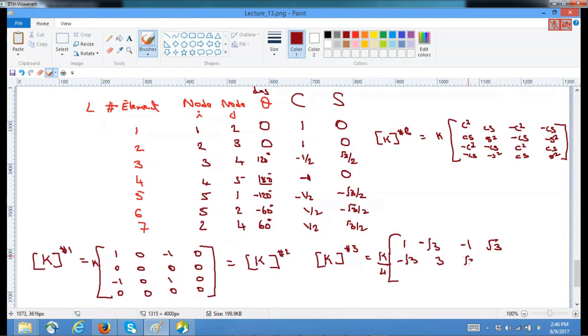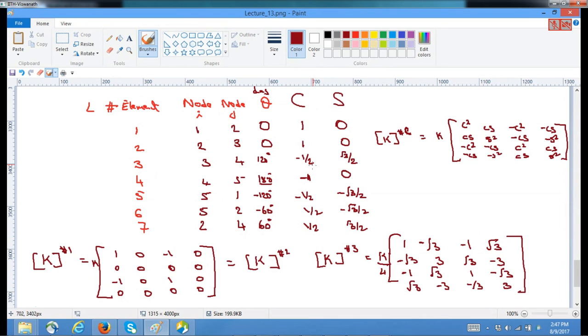Similarly, this is minus 1, in CS this would be plus root 3, this is plus 1, minus root 3. Next one, this is root 3, this one is minus root 3 and this one is plus 3.